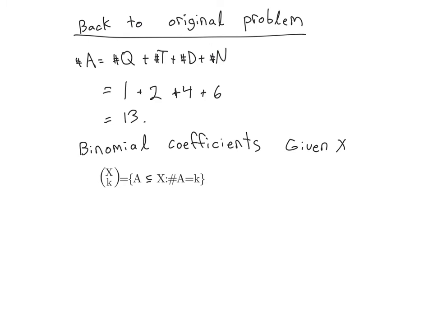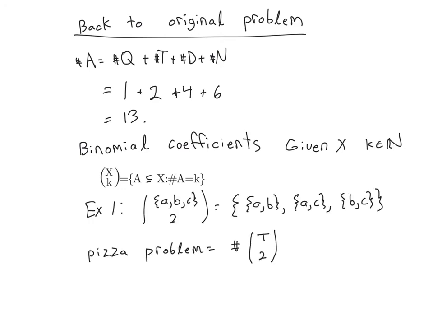Now we discussed the concept of binomial coefficients. So we're going to go a little bit beyond the book here. Given a finite set x and a positive integer k, we define x choose k to be the set of all subsets of x that have exactly k elements.